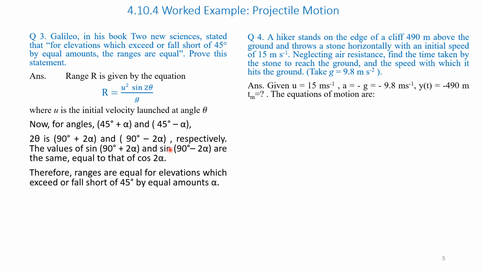Answer: given u is equal to 15 meters per second, and a is equal to minus g, that is minus 9.8 meters per second square. Also y of t, that vertical distance, is given as minus 490 meters. We are required to find the time taken by this stone to reach the ground.